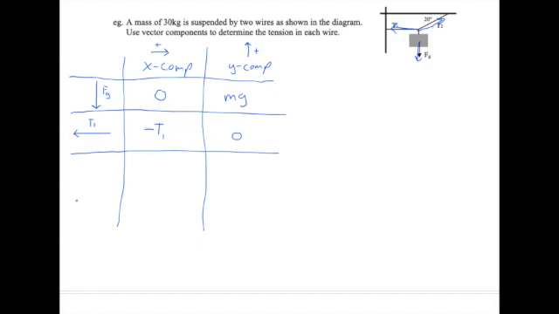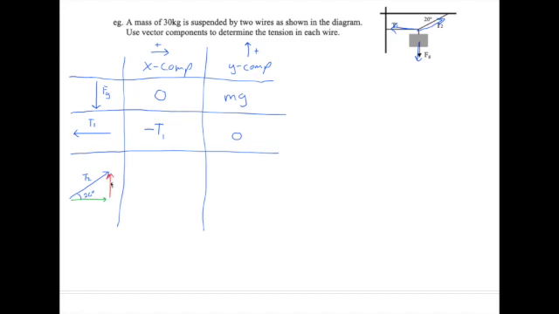Now T2, on the other hand, is going to have both components because T2 is coming up at an angle. And so T2, at the angle of 20 degrees, is going to have both an x and a y component. And so my x component is going to be along this side of the triangle, so I can draw that one in. And then my y component is going to be on this vertical side of the triangle.